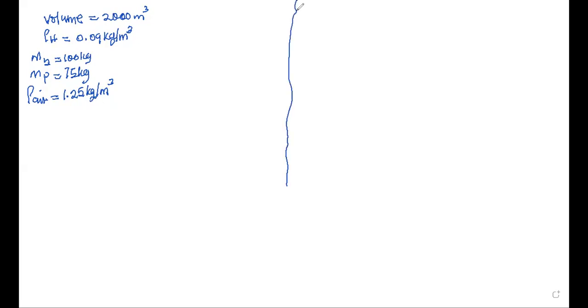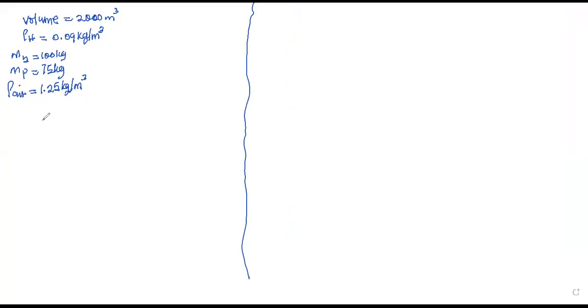for the hot air balloon to float, the mass of everything, including the balloon, the pilot, then the equipment E, this must be equal to the mass of air displaced.